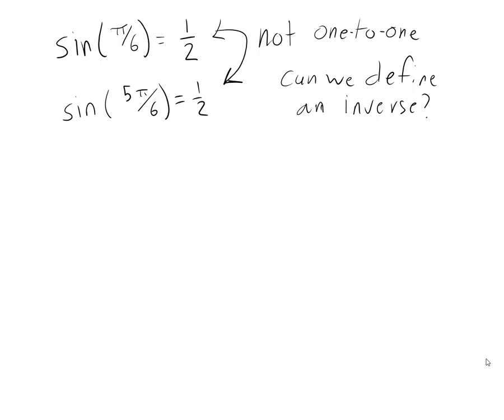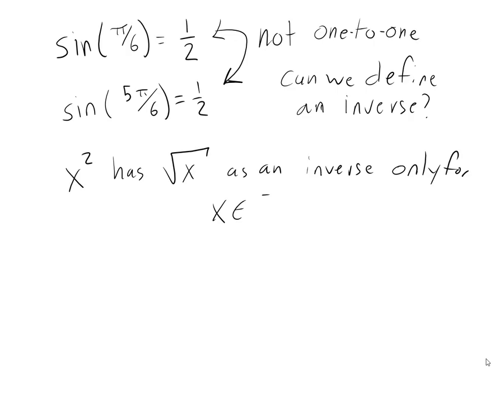Reminder, x squared has the square root of x as an inverse only for x on the interval 0 to infinity. This function is simply not defined outside of this interval.